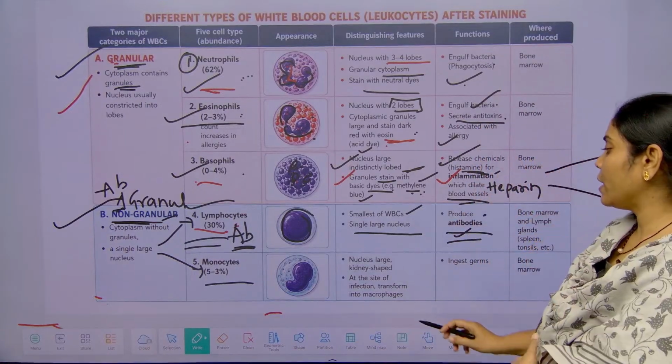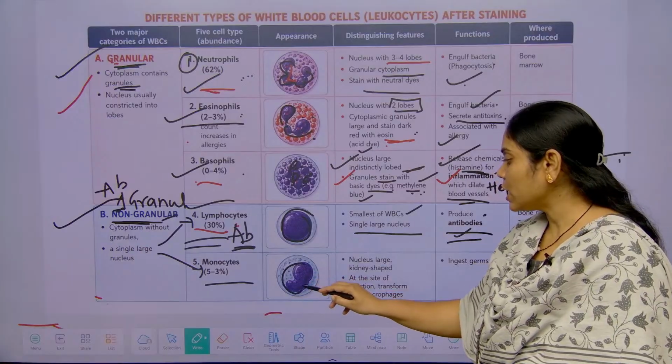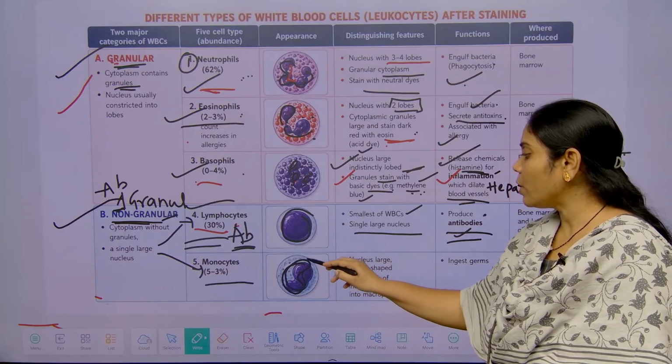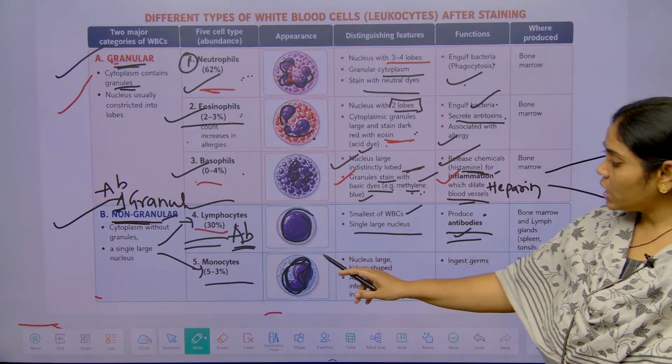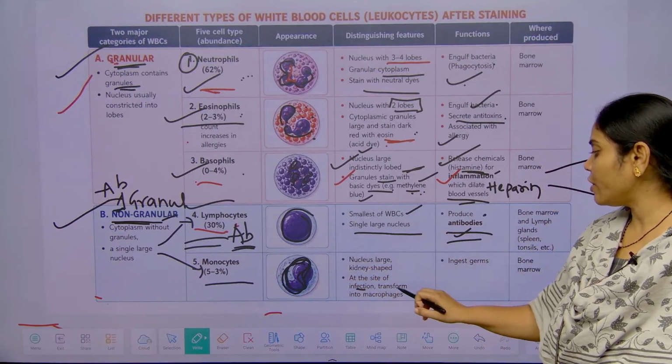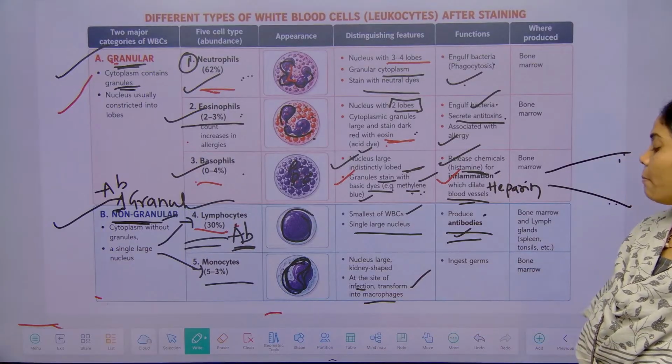The nucleus here is bean shaped or kidney shaped. These monocytes at the site of infection transform into what? Macrophages.